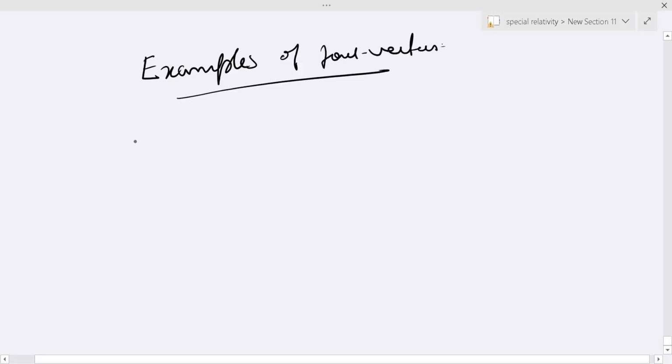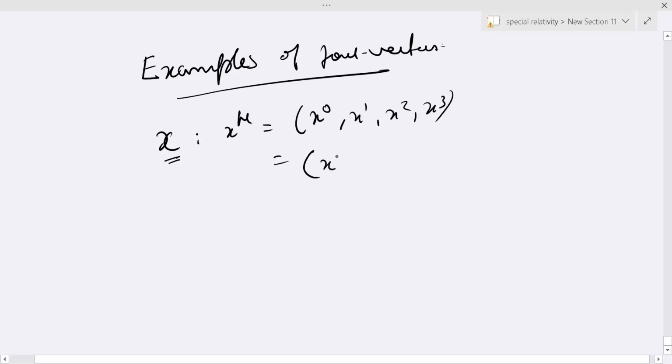A simple example is x itself, x^μ, or we can call it the x vector. It has components x^μ, which is a vector without a vector sign. It has components x^0, x^1, x^2, x^3, or we can write it as x^0, sorry, x^0 is ct. You can also write it as ct, comma x^1, x^2, x^3.